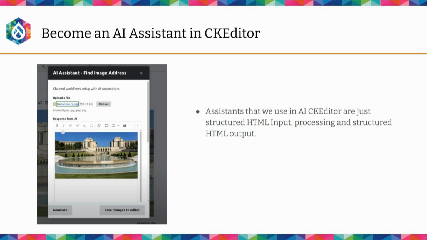So as long as you create an automator that takes an input that is an HTML field, and we have some helper functions there. If someone, for instance, marks an image, you can have the input be an image or a media field, and some other kinds of fields like this. It runs through this chain and produces HTML. Then you have created your own business-specific automator chain for CKEditor.